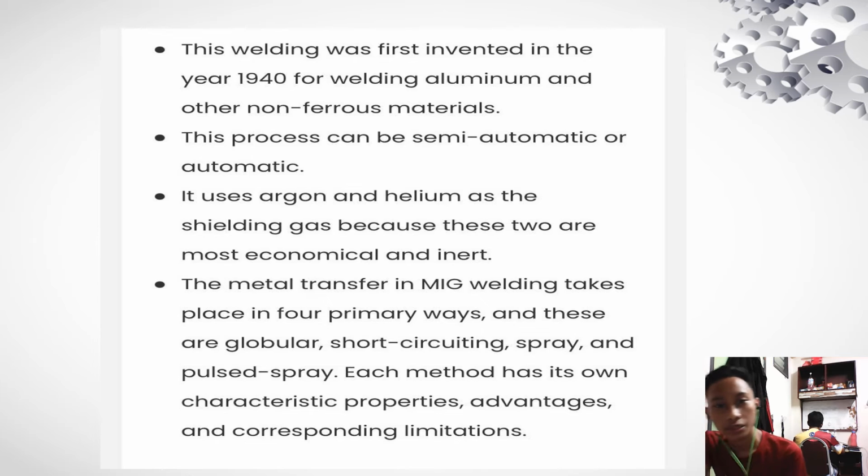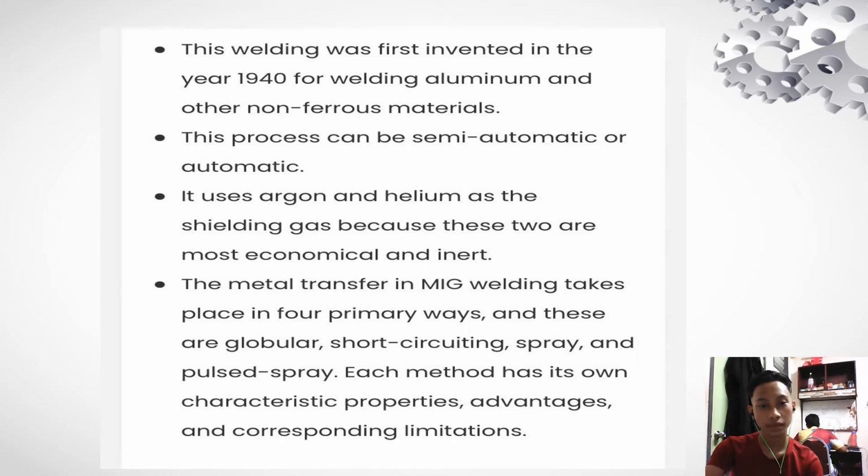Okay, this welding was first invented in the year 1914 for welding aluminium and other non-ferrous materials. This process can be semi-automatic or automatic. It uses argon and helium as the shielding gas because these two are most economical and inert.